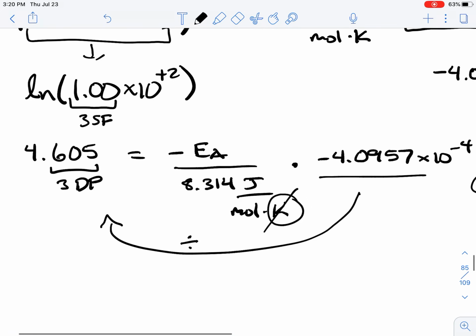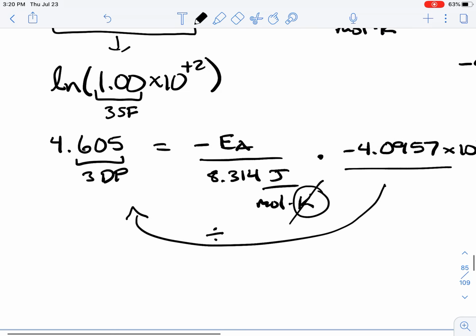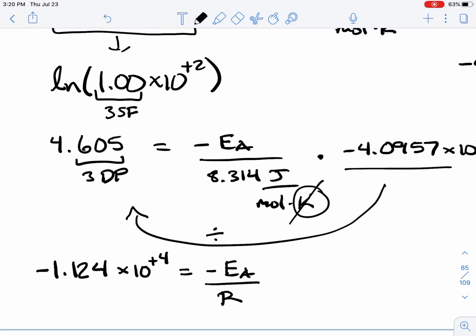Okay. And so what I get is going to be negative 1.124. So I have 4 sig figs, that's my minimum. 1.124 times 10 to the positive 4, which is equal to negative EA over R. Okay, or I'll just put in the number 8.314.